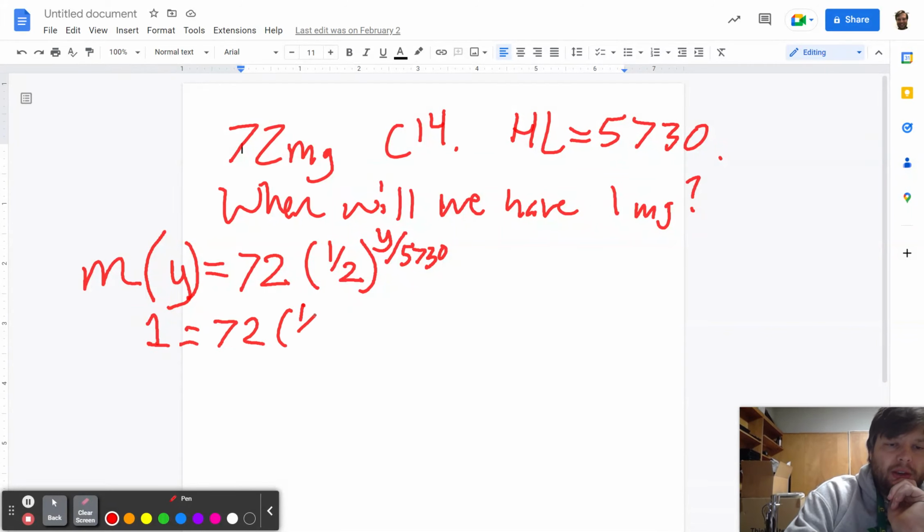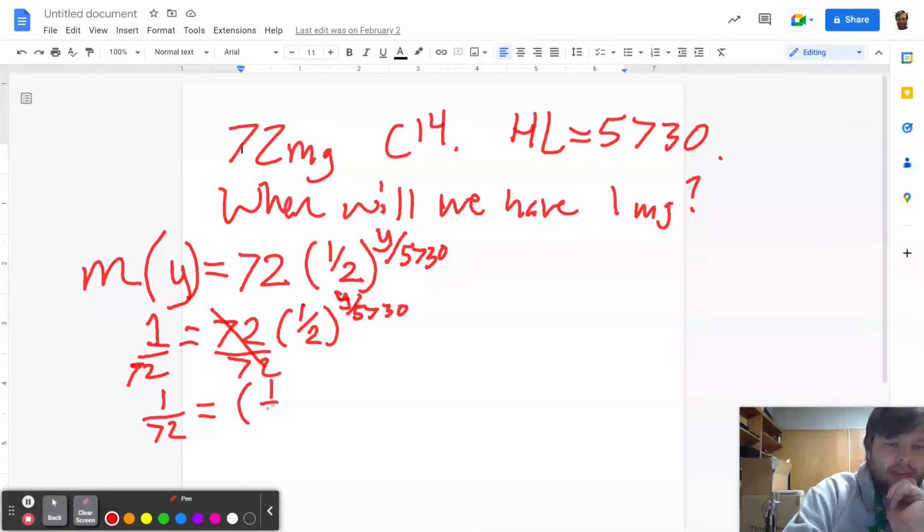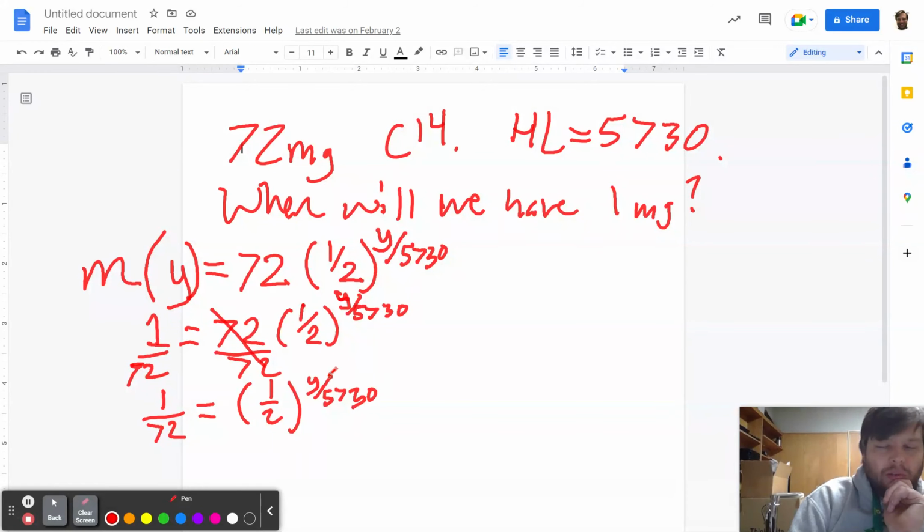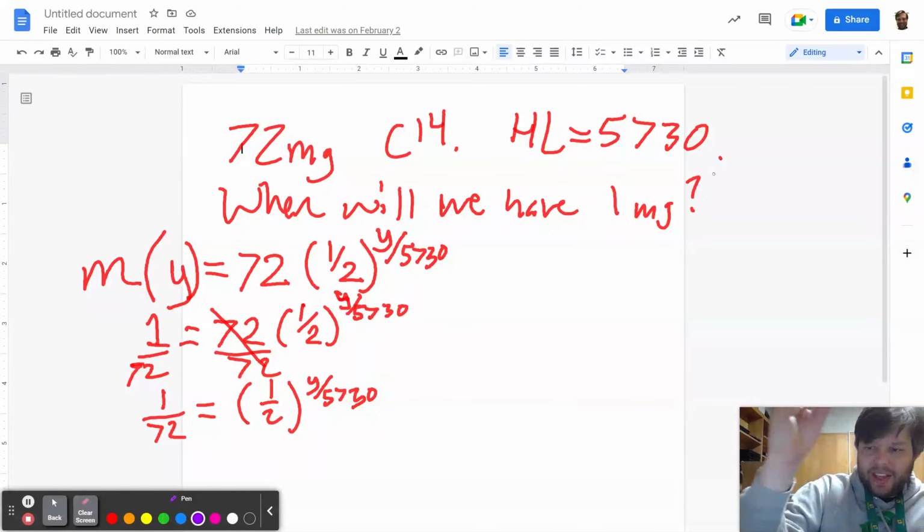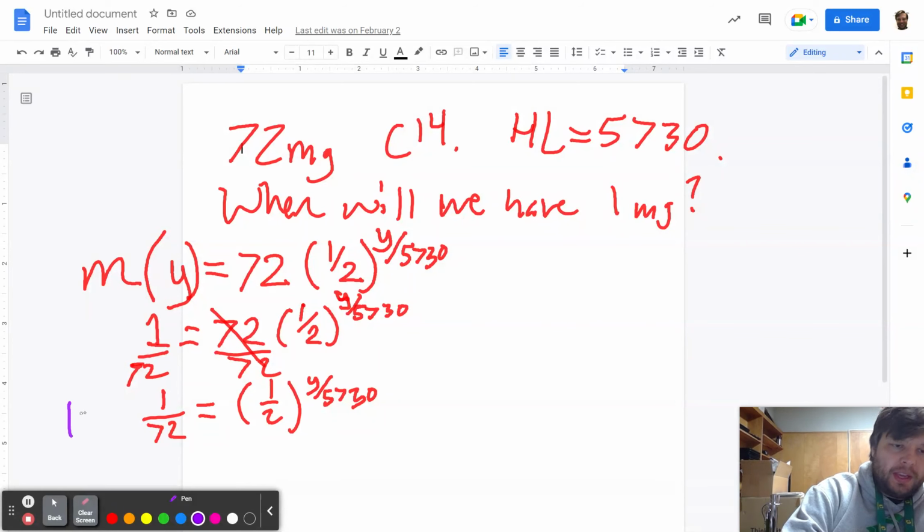I really am caring about 1 milligram, so I plug in 1 milligram for my function. Then I divide by 72 because I'm trying to get the exponent part by itself. So I'm just going to write 1/72 equals 1/2 to the y over 5730. Now on the other one, I had 3 to the x equals 6, and I did log base 3.